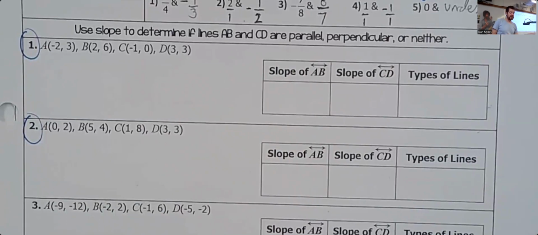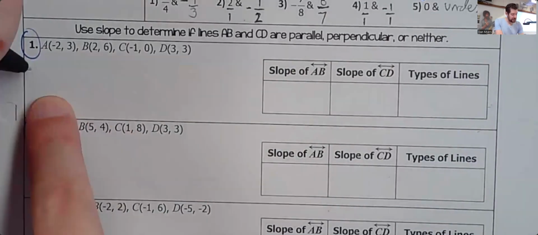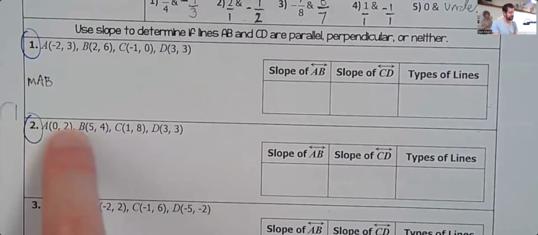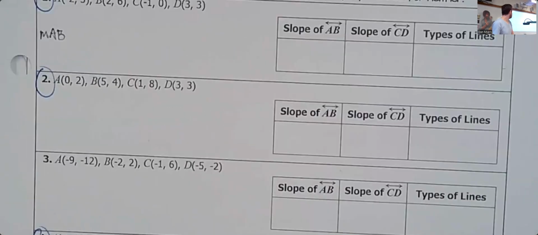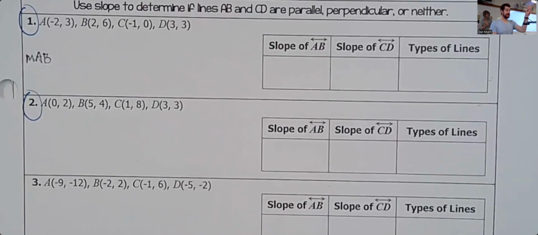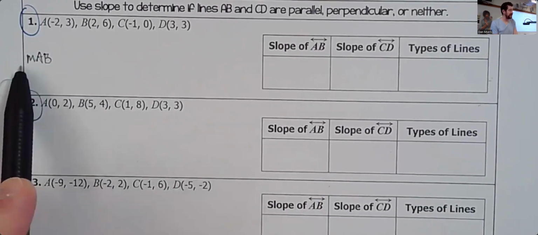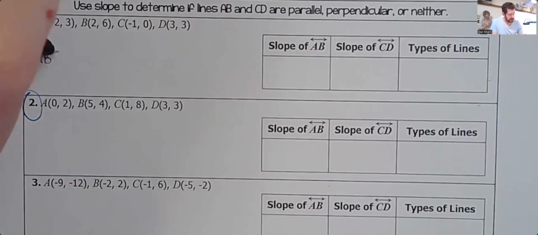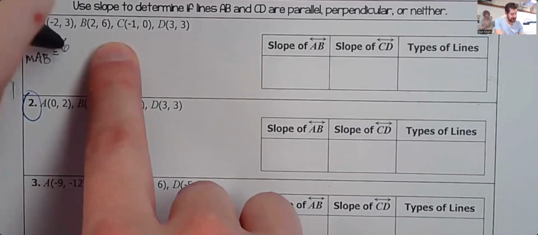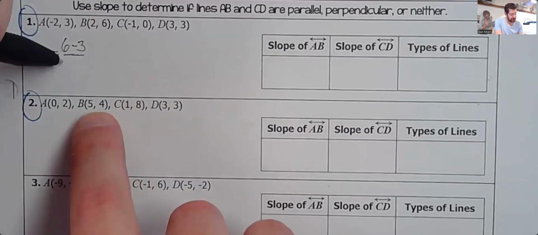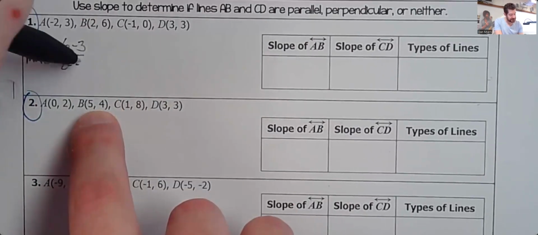Slope between A and B. Here we go. Y2 minus Y1. I'm just going to say M and then AB, because I can't just write M now since there are 2 lines here. Slope means, well, which one? That's why I'm writing AB, slope of AB. Slope of AB is going to be Y2, 6 minus Y1, 3 over X2, 2 minus X1 of negative 2.